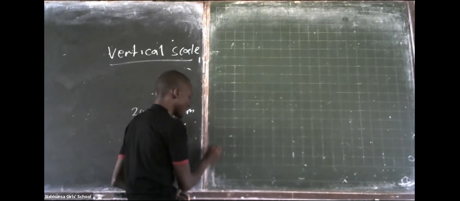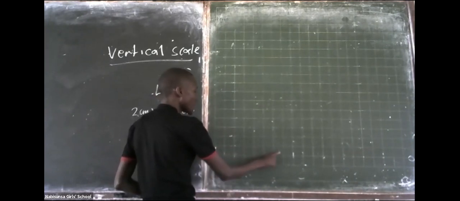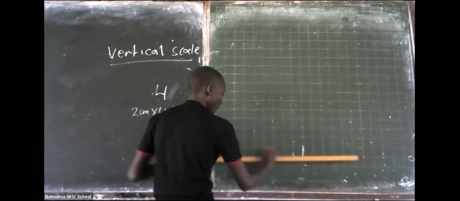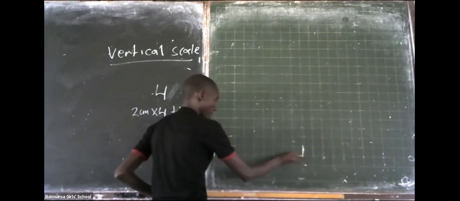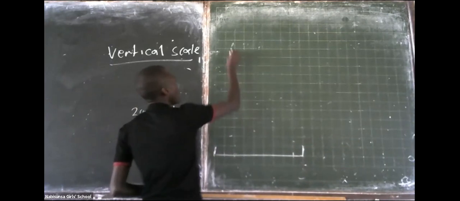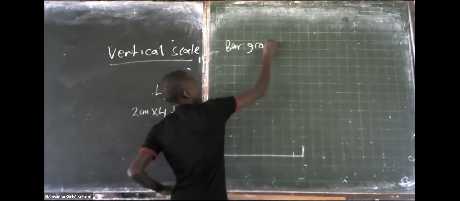I'm going to count starting from here: 1, 2, 3, 4, 5, 6, 7, 8, 9. So I'm drawing it here. Here we are drawing a bar graph.